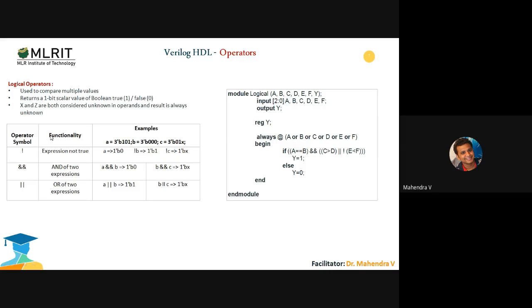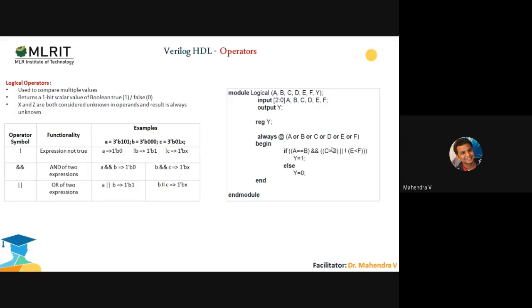This is also one kind of comparison statement. But in the comparison statements, we find equal and unequal, whereas here we can find whether the expression is true or not. For using this logical operator, this is the example program. Here, if a equal to b and c greater than d, if both are true, then to represent both being true, we use the AND. We use the AND to verify that the two conditions are true or not.